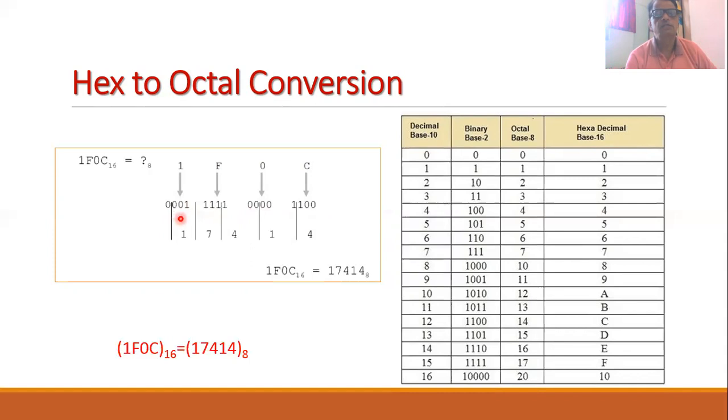So you will find that 001 can be replaced by 1, 111 can be replaced by 7, 100 can be replaced by 4, 001 can be replaced by 1, and 100 can be replaced by 4. Again for this replacement, we will make use of this table. So whenever we have the binary bits 100, it can be replaced by 4. So whenever the hexadecimal number given to us is 1F0C, its equivalent octal number will be 17414.